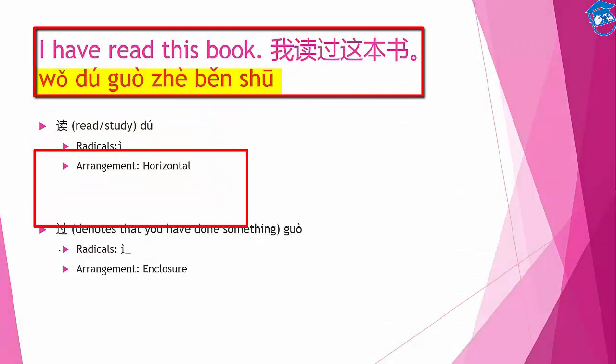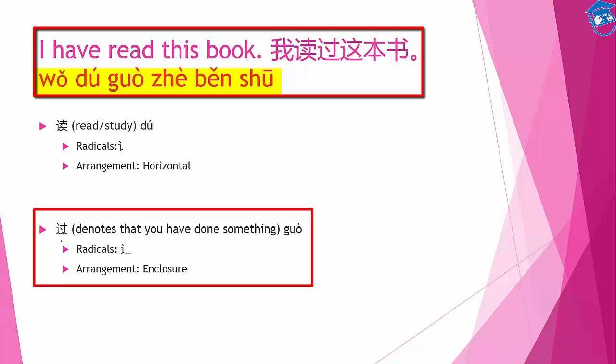The next word is 过. As I said, this whole sentence is about the experience that you have done something. In this case, you have done reading a book. So this word here, 过, denotes that you have done something. If you say 读过, it means done reading. This is the pinyin 过.